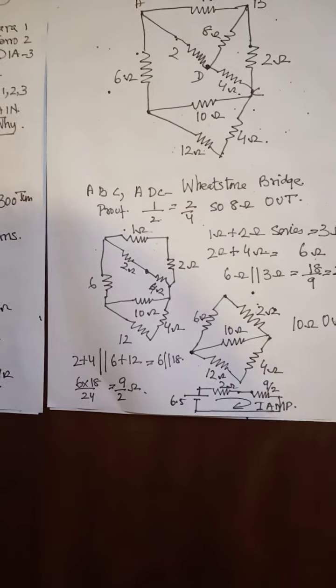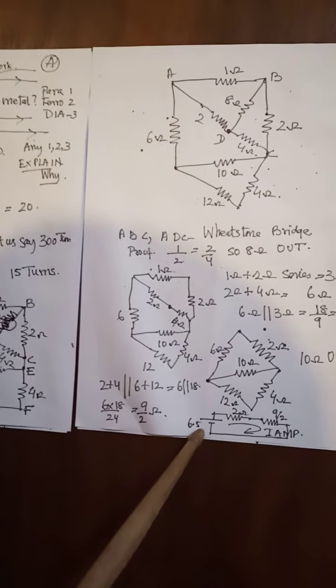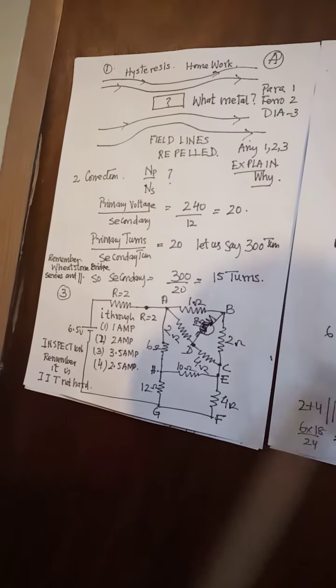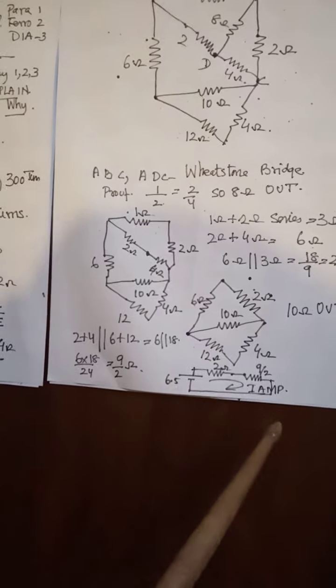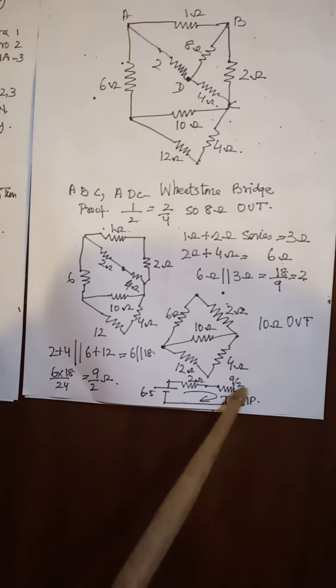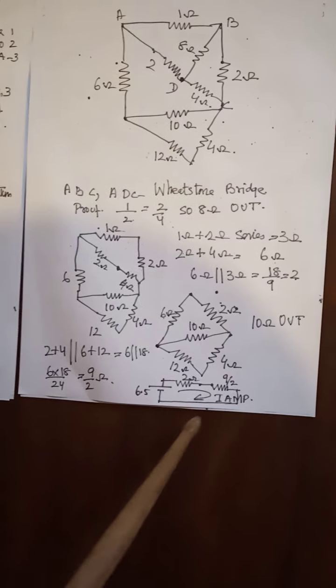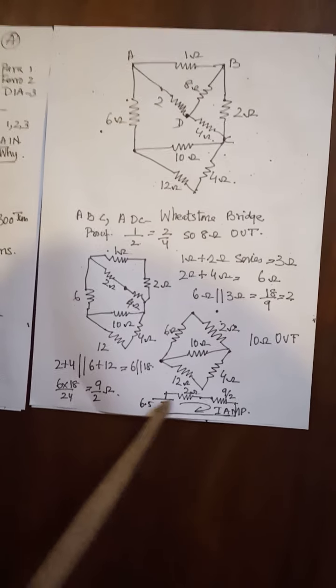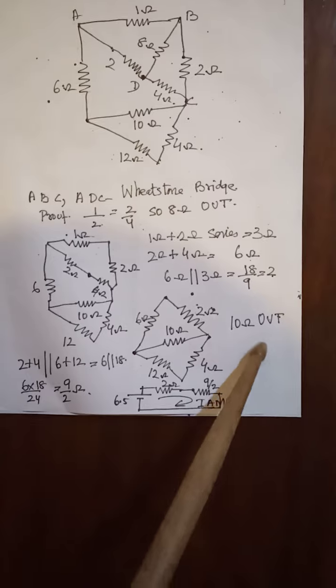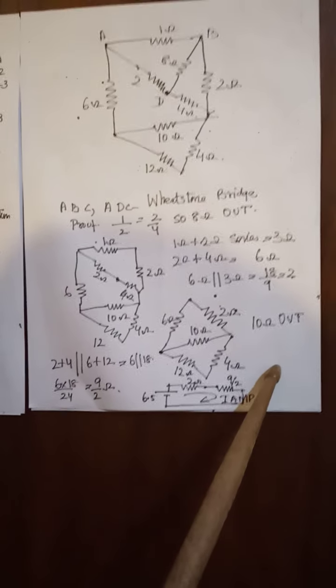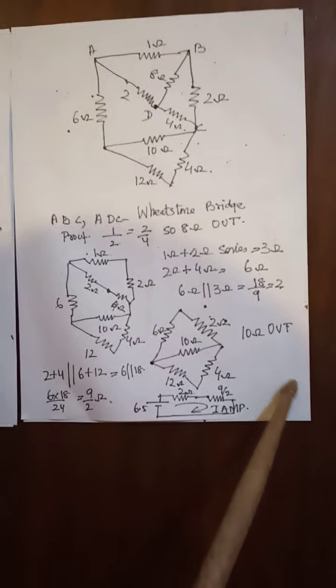So finally, you come back to here. 6.5 volt, then 2 ohms. Where is that 2 ohms? This one, 2 ohms. Then the final one you get, after doing all this, is 9 by 2. So now, the current through 2 ohms will be 6.5 divided by 2 plus 9 by 2.